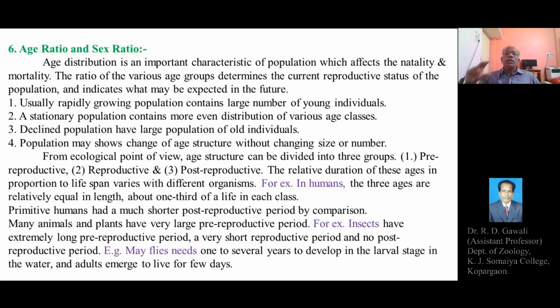Secondly, a stationary population contains a more even distribution of the various age classes or age groups.